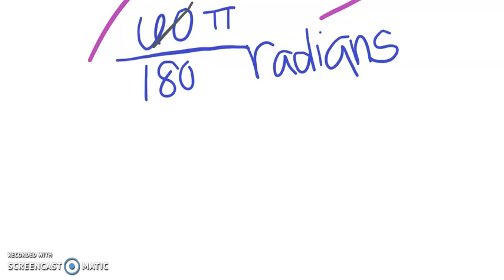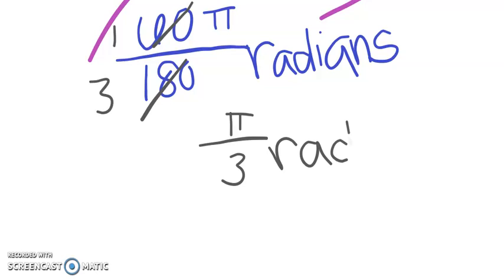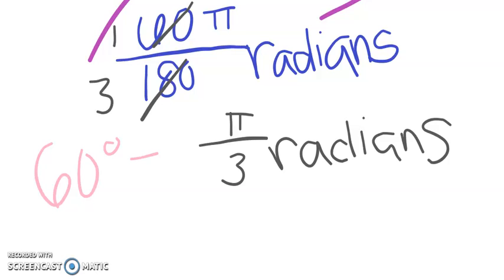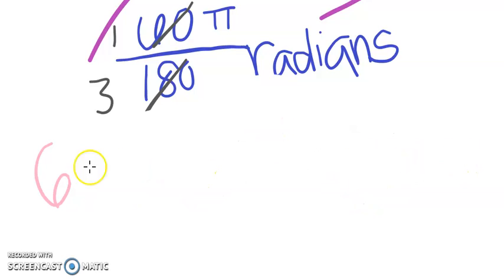So 60 divided by 60 becomes 1, and 180 divided by 60 becomes 3. So now we have our new answer, which is pi over 3 radians. So 60 degrees is equal to pi over 3 radians. Now, let's look at our final example.